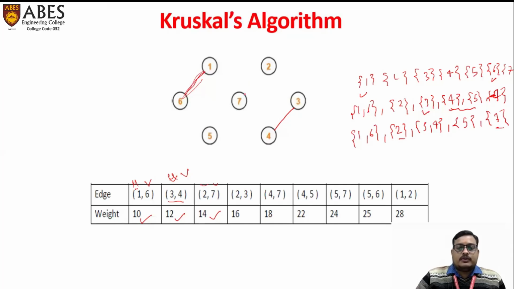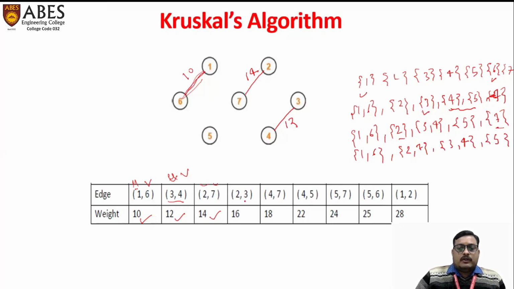So we'll just connect 2 and 7, and we will write the cost associated with this: 1-6 is 10, 3-4 is 12, and 7-2 is 14. Now we'll take the union of these. So now we have 1 6, then we have 2 7, we have 3 4, and we have 5.